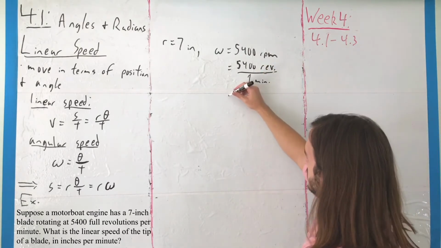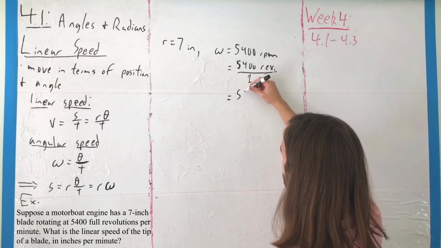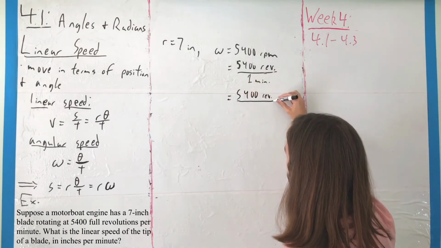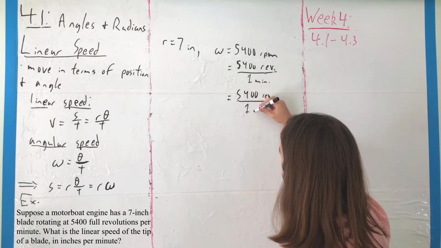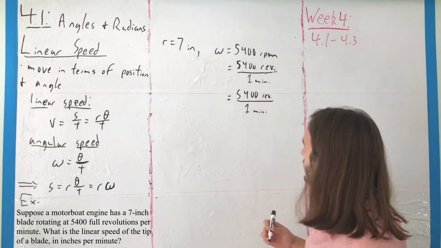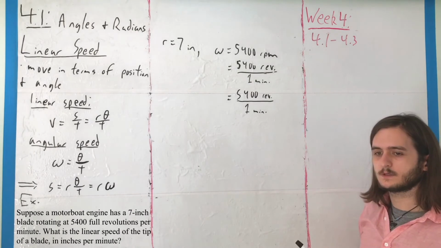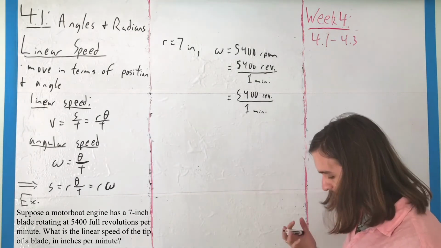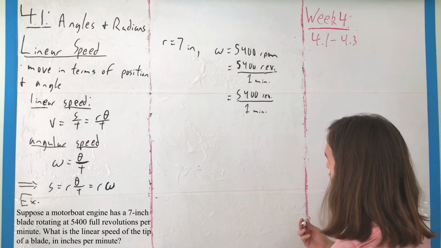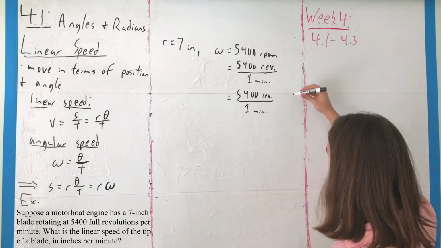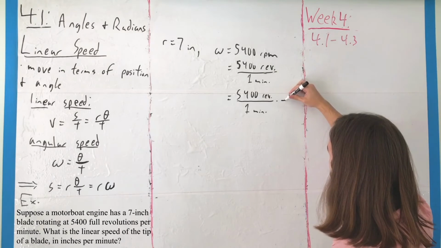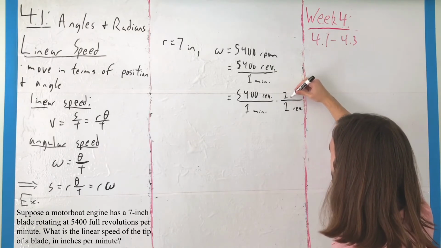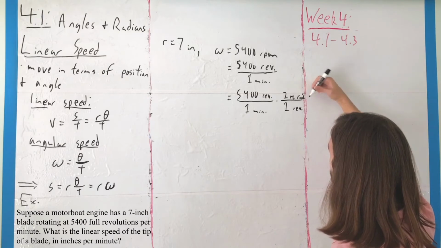Okay, then we can understand that 5,400 revolutions can be reframed in terms of how much space that takes up on a circle. That is, a full revolution is covered by 2 pi radians.